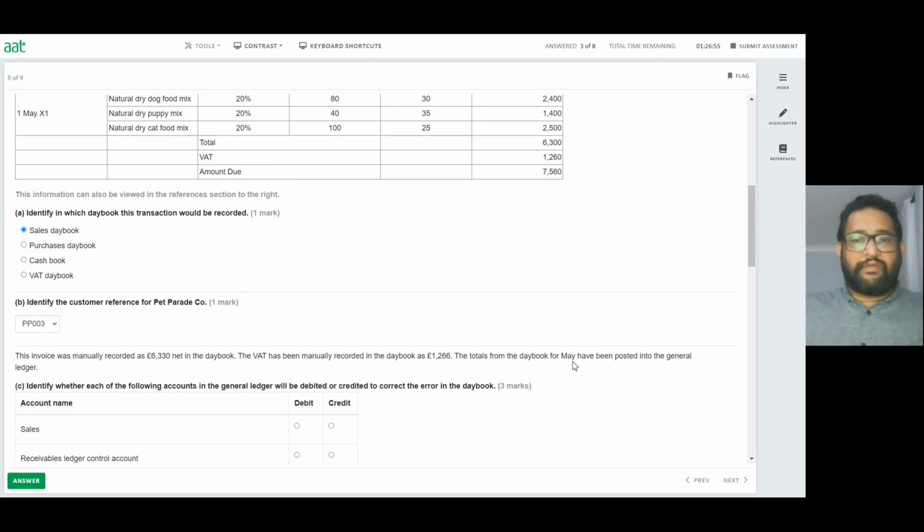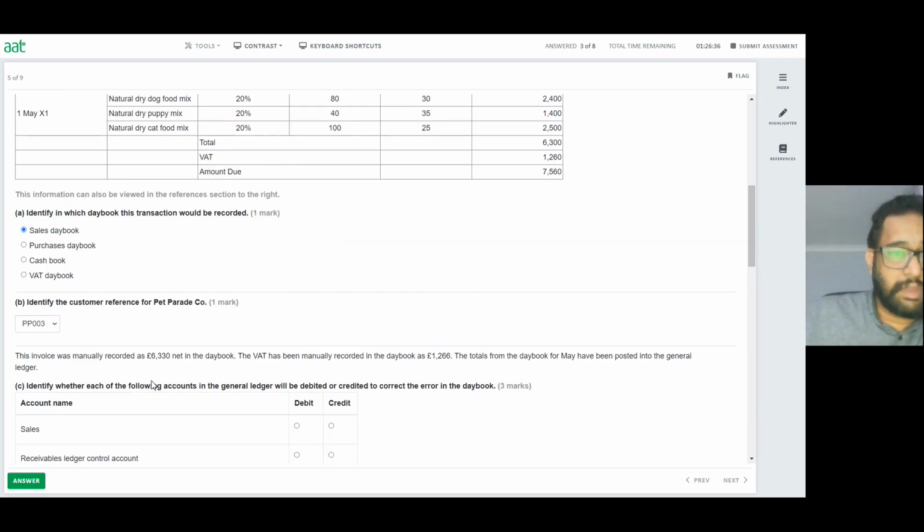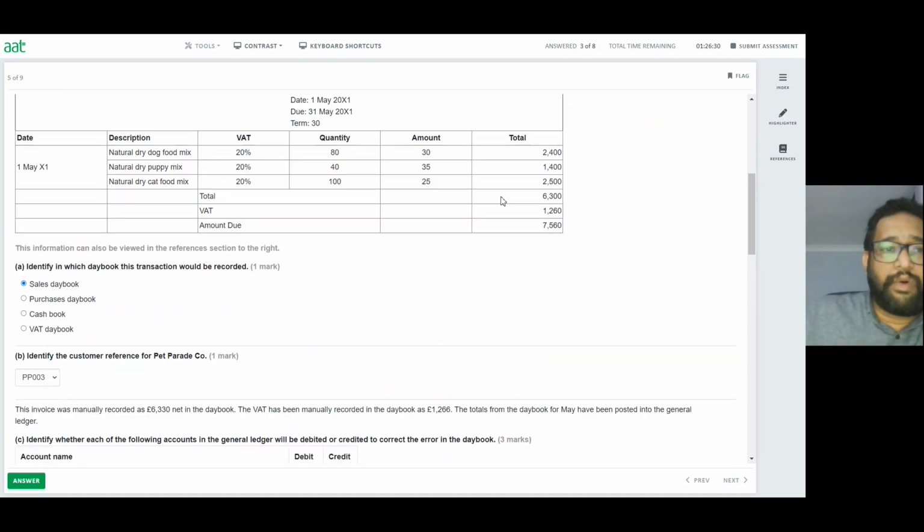The totals from the day book for May have been posted in the general ledger. Identify whether each of the following accounts on the general ledger will be debited or credited to correct the errors in the day book. So there are certain things you need to change. From the invoice, the total amount has been recorded manually as 6,330 pounds, and the VAT has been recorded as 1,266.